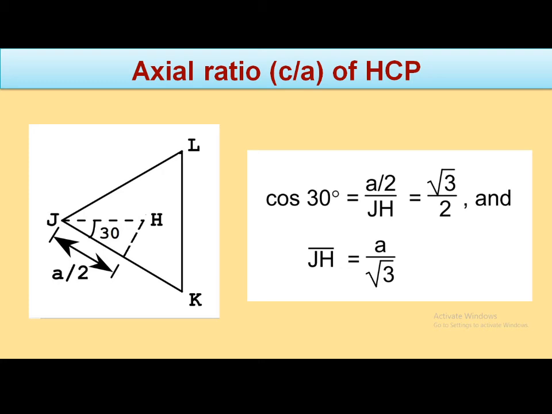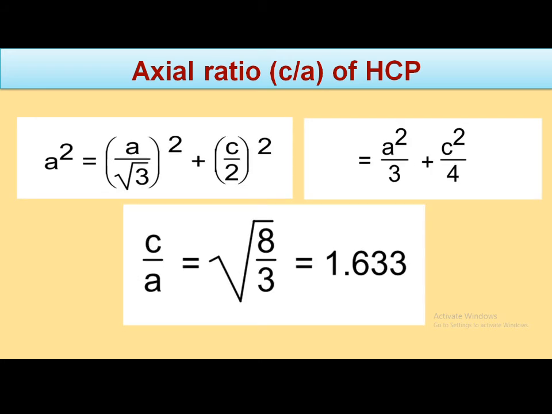So if you equate this, JH is equal to A divided by root 3. If you substitute this JH value in the previous equation, A square is equal to A by root 3 whole square plus C by 2 whole square, then C by A becomes the square root of 8 by 3, which is otherwise 1.633.